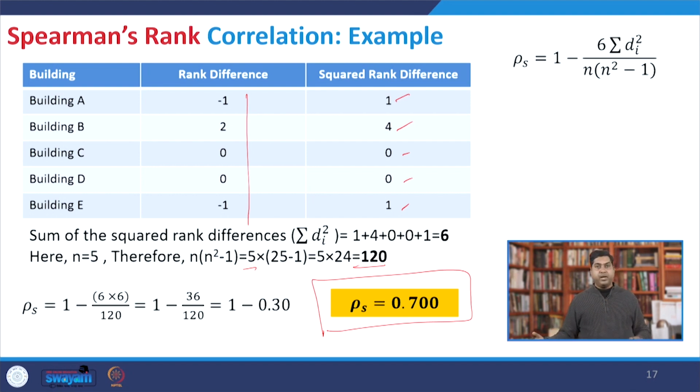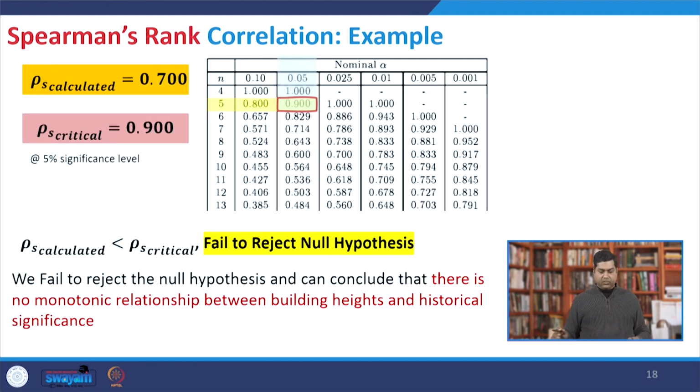So this is the calculated statistic. Again we have to compare it with the critical value, so again we have to refer to a table. In this case the number of observations is 5, so we take that value, and also the 5% significance level, the value corresponding to 0.05, which is 0.9. So what happened in this particular case?